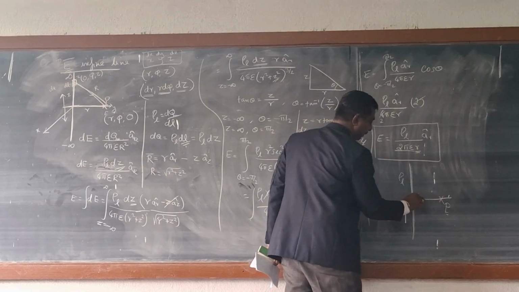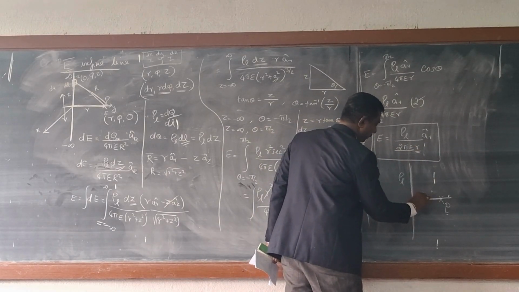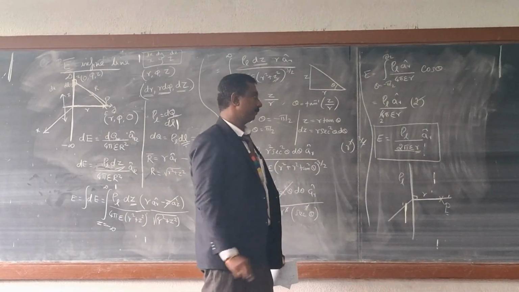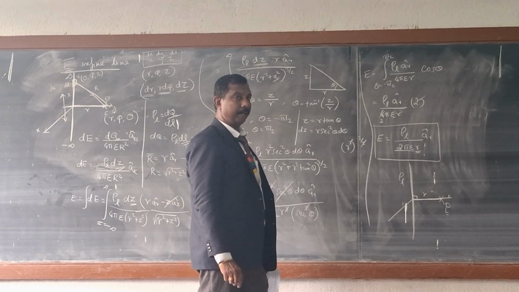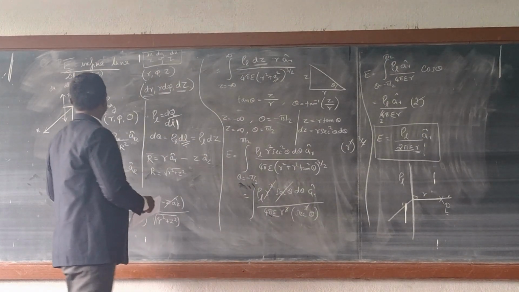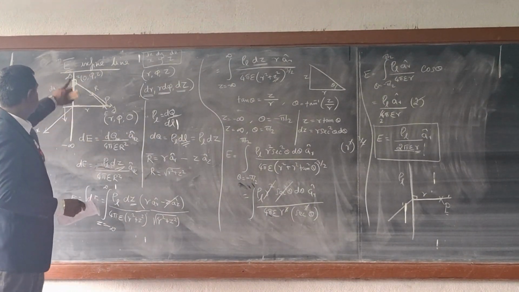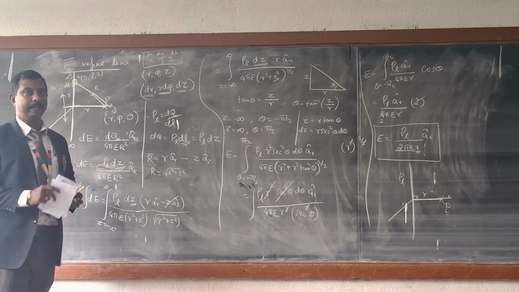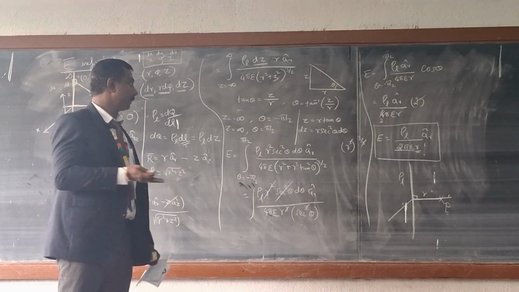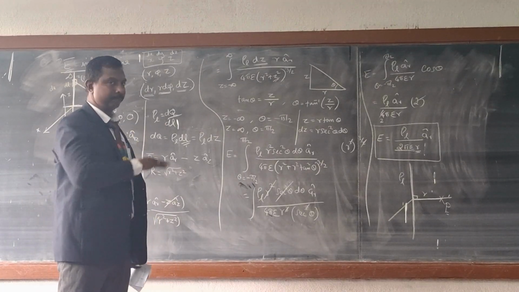R is nothing but the perpendicular line drawn from charge to point. So this is how the equation we have derived. This is the equation for E vector due to infinite line of charge. Okay, we will see the problems related with that expression.